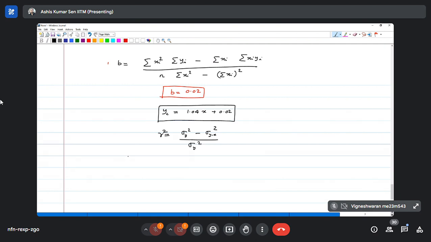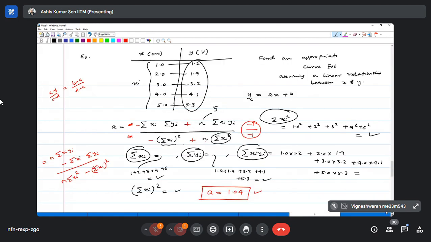So how do you find sigma y? We'll find the mean of the values that we have. For each y, you basically find the mean. So your y mean is sum yi divided by n. N is basically 5. So you can add all these here and divide it by 5. So you get the mean value.